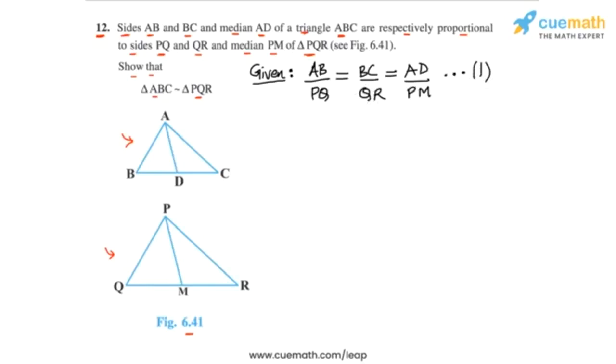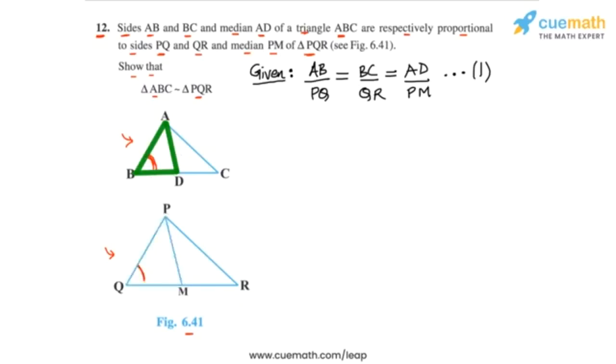Now here's how we will solve this problem. First, we will consider the triangles ABD and PQM, and we will show that these two triangles are similar, and that's because the sides of these two triangles are proportional. So we can apply the SSS similarity rule, and I will show you how exactly to do that. Then once we have proven that these two triangles are similar, we can say that angle B is equal to angle Q, right?